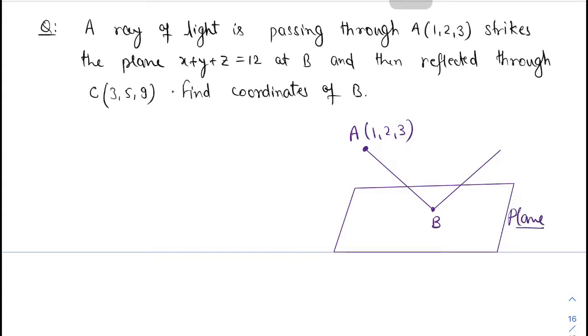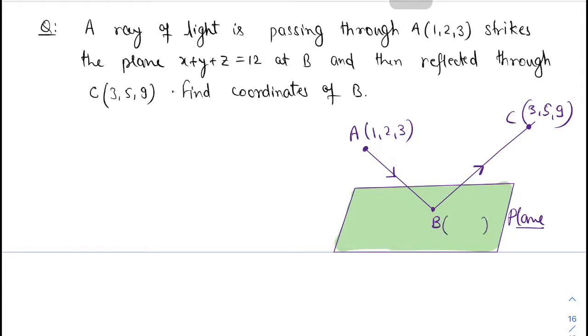This is our incident ray, and this is our reflected ray. Upon reflection it is passing through some point, that is (3, 5, 9). Okay, this was our plane. Let me shade it.